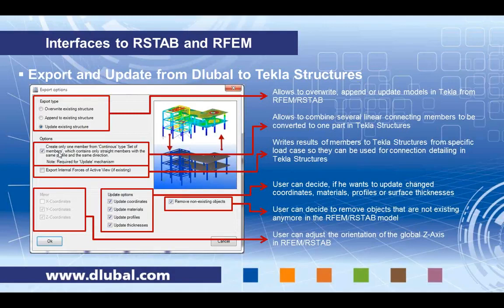Options we have here is to create what we call a set of members. For example, imagine you have a long main girder in your structure and it's one part in Tekla Structures.